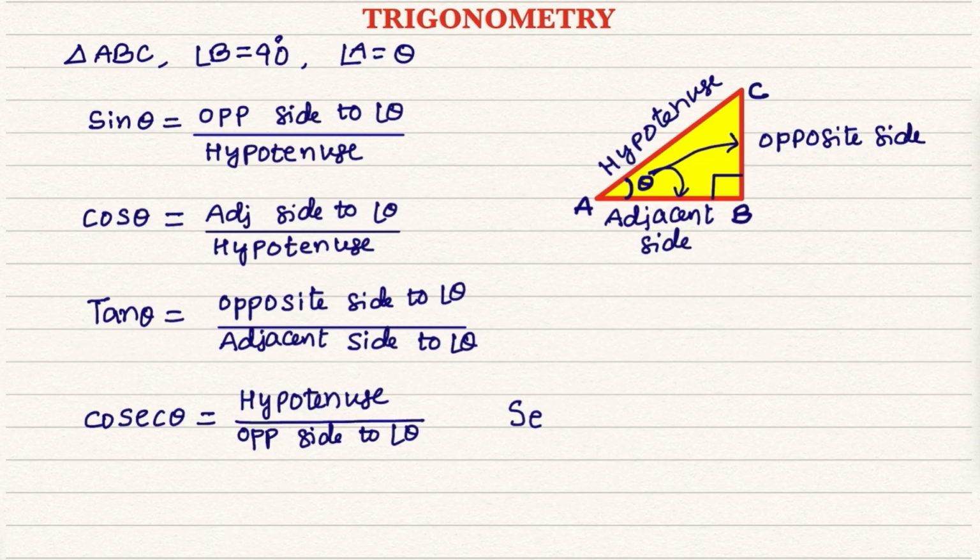Secant theta is the reciprocal of cos theta, so it is hypotenuse by adjacent side to angle theta.